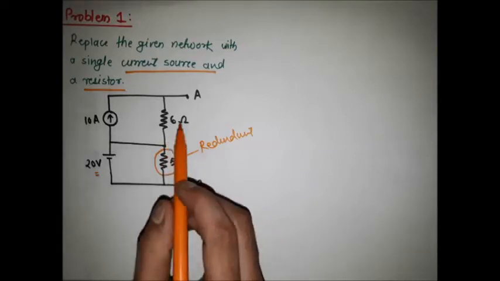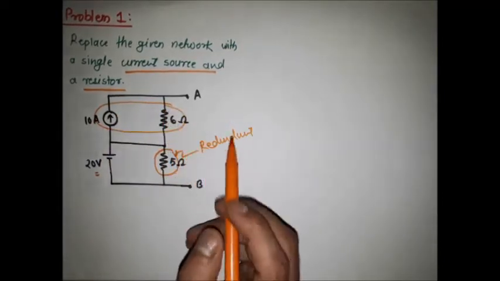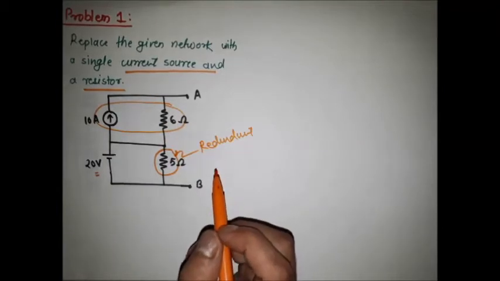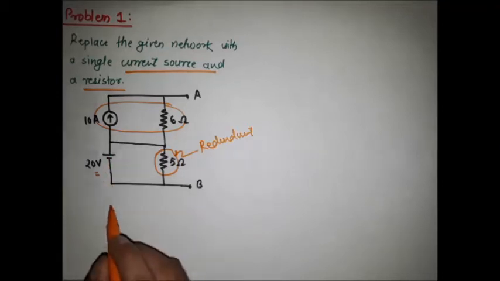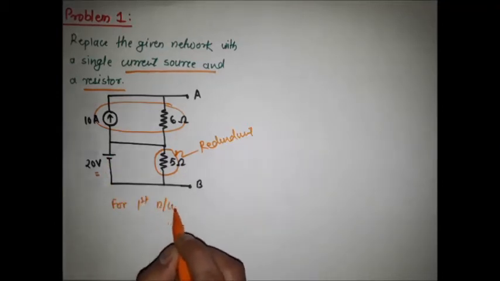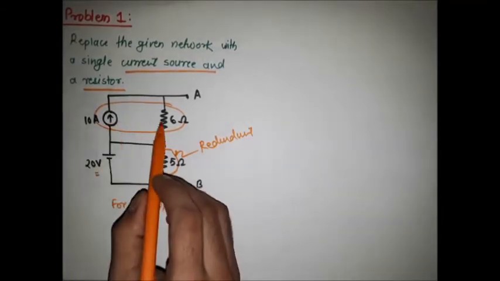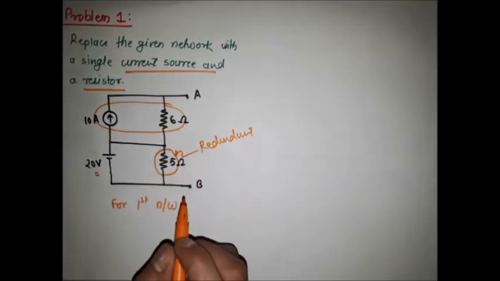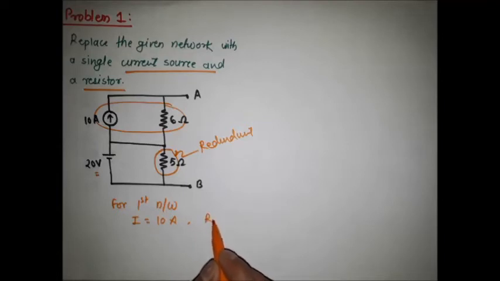So first we are replacing the parallel combination of current and resistance with the series combination of voltage and resistance. So for the first network, we are replacing this parallel combination of current and resistance with a series combination of voltage and resistance. Simply, I is equal to 10 ampere and resistance is equal to 6 ohm.